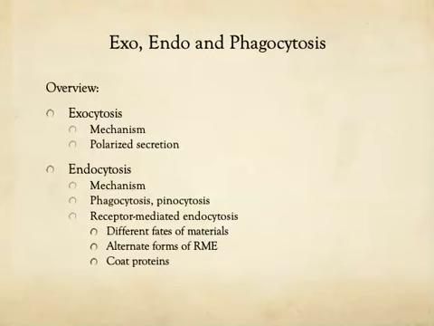And finally, we'll talk about the details of receptor-mediated endocytosis, the types of materials that come in through that form, how they are trafficked throughout the cell, the alternative processes involved in receptor-mediated endocytosis, and an important player in this process called coat protein.